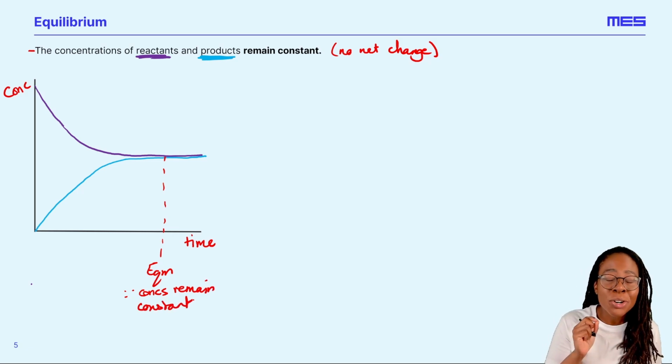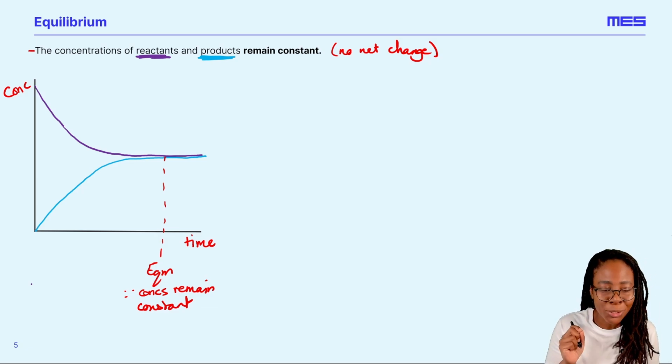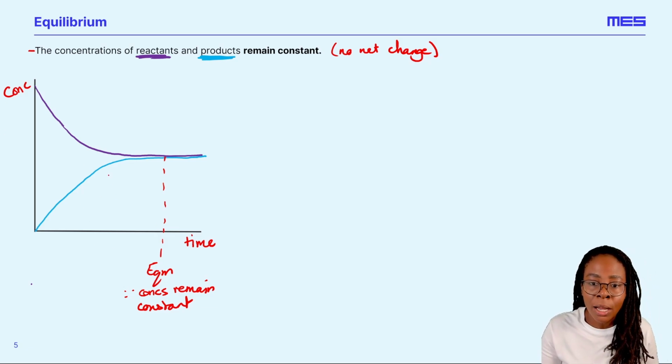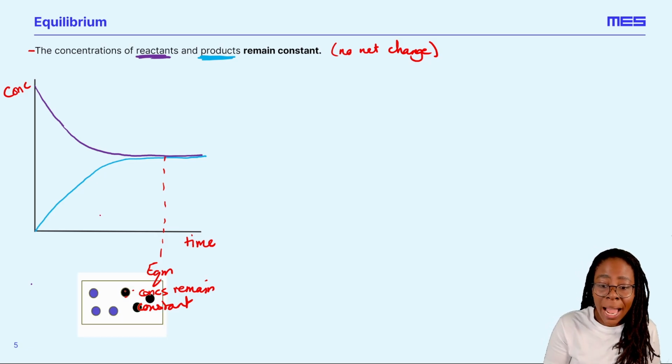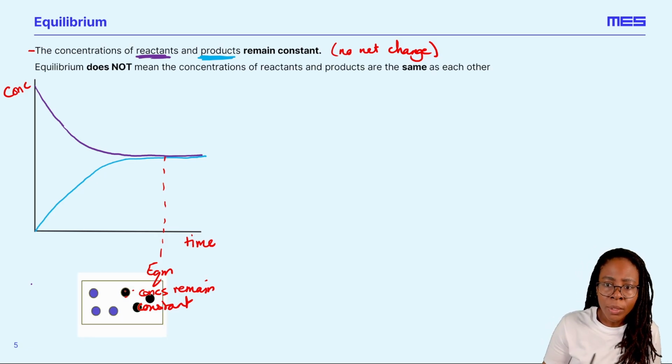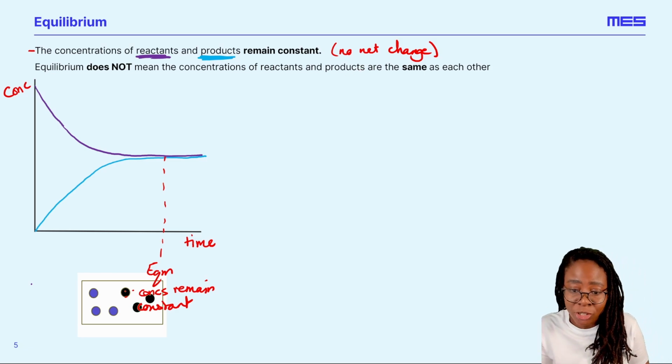But what is incredibly important to remember, stick with me, is that despite what this particular graph looks like, at equilibrium, the concentrations of the reactants and the products are not necessarily going to be the same as each other, right?